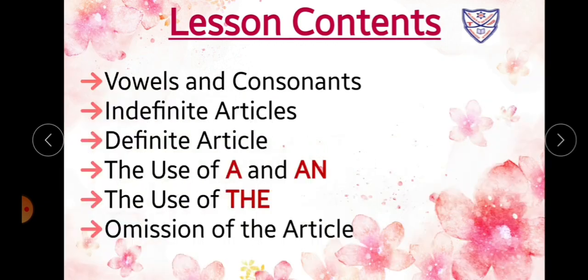Now before starting with this chapter, I would like to share a few amazing facts on the English alphabet. Do you know who is the father of the English alphabet? The father of the English alphabet is Saint Jerome. How old is English? It is 1400 years old.